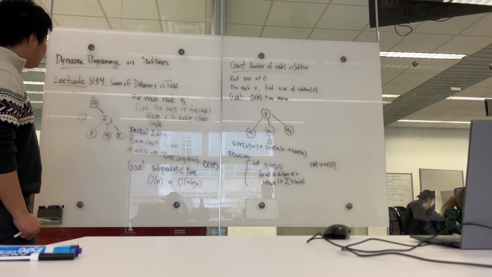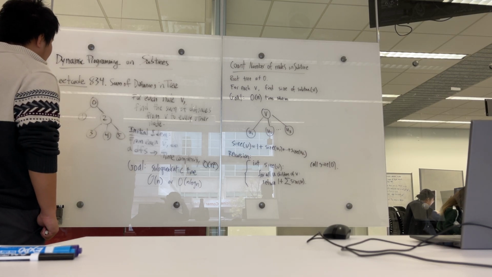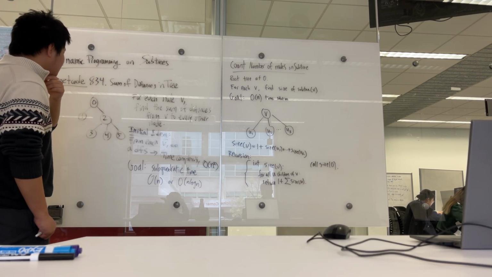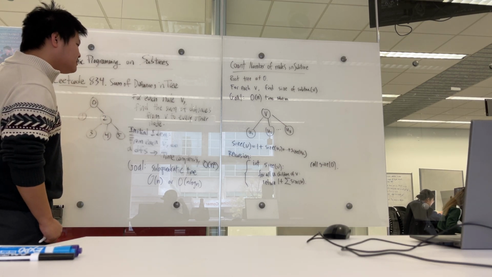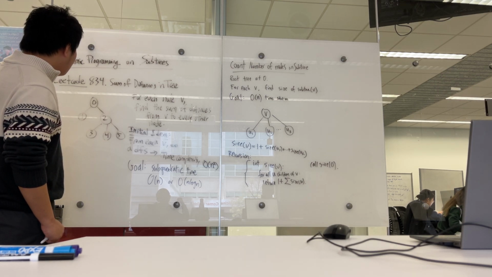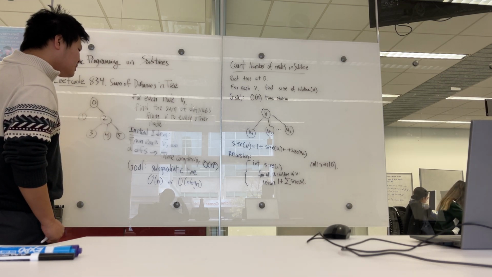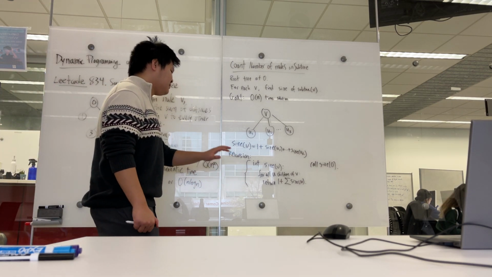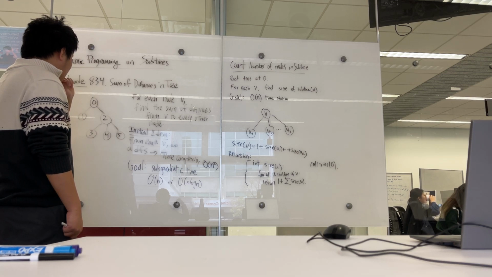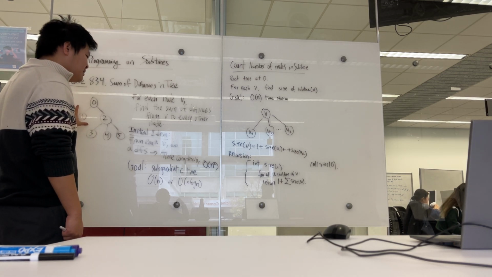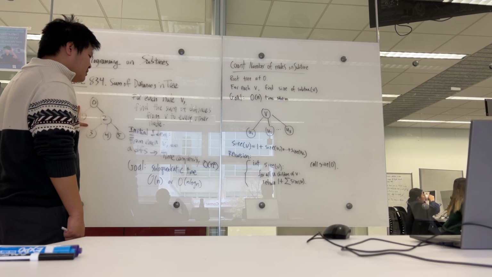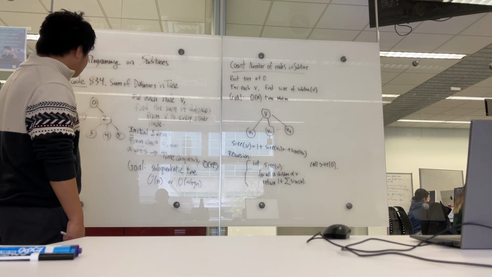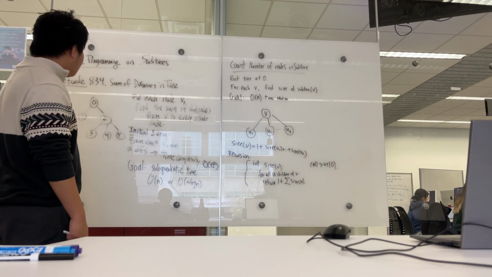Let me think for a second. I believe it's not linear, just the recursive one, but in a tree actually, if we have a very big tree, I think it would still be linear.